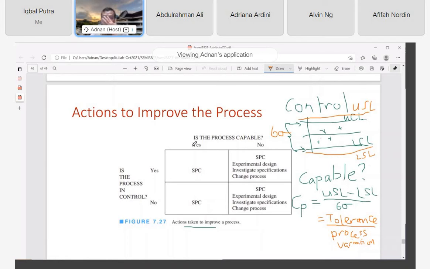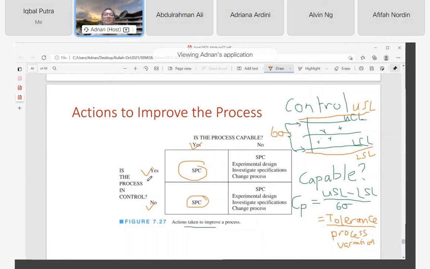Here we have 4 quadrants. If the process is in control and is capable, SPC is okay, meaning it's enough for us to use the control chart. If the process is not in control but has capability, you still solve the problem using SPC.